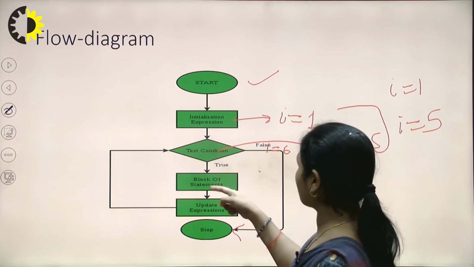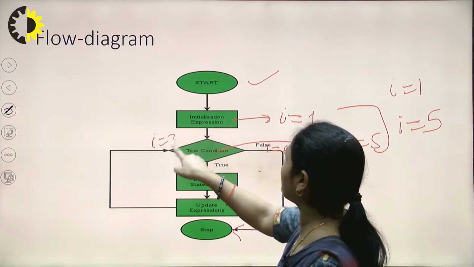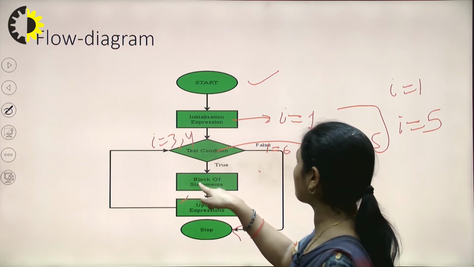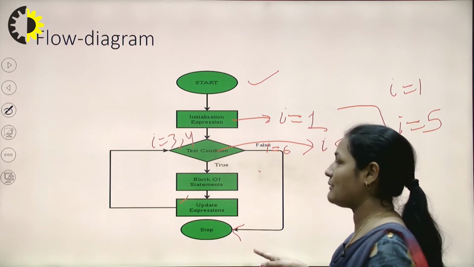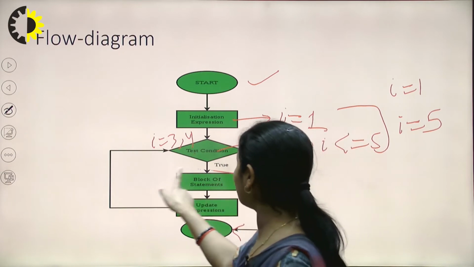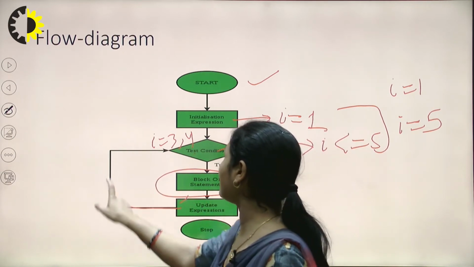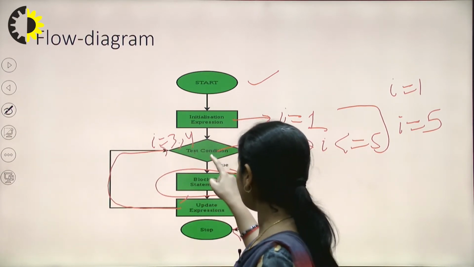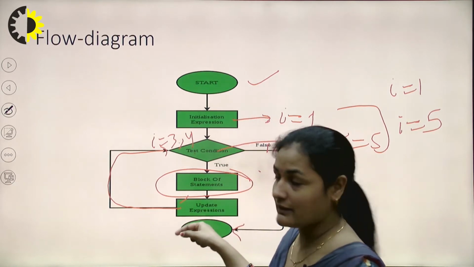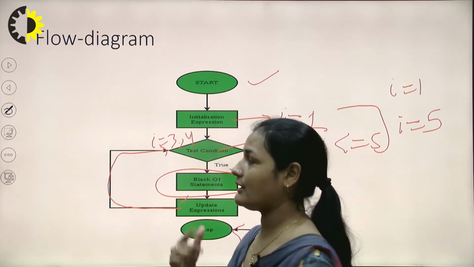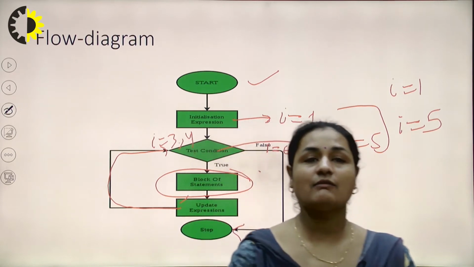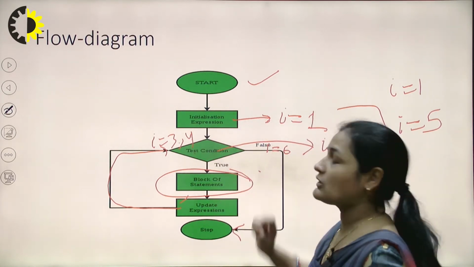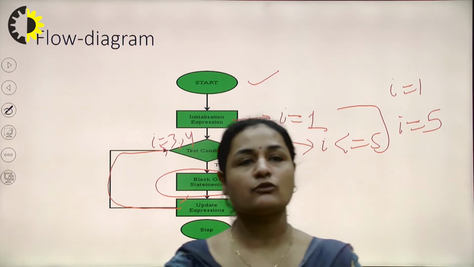If the test condition is true, a certain block of statements is executed, and every time the statement is executed, it updates the value. First it is 3, true, execute the statement, then it becomes 4, then 5, and when it becomes 6, the condition is false and the loop will be stopped.